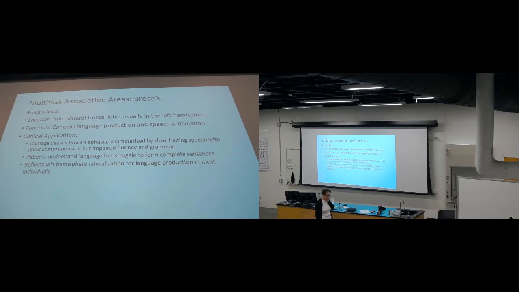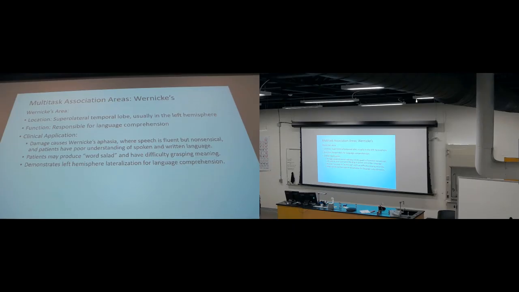So when someone has a stroke or damage to this area, the person knows what he wants to say, but the words don't come right. It's like slurred speech that the person will have. So in this case, the patients understand language but struggle to form complete sentences. And typically, again, we have lateralization for language, and it is found on the left side of our brain.